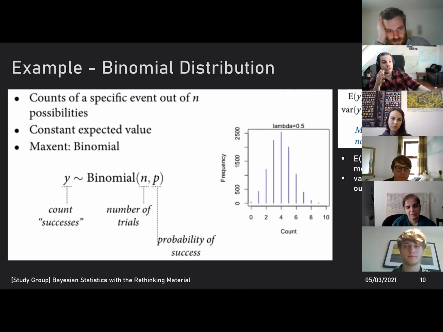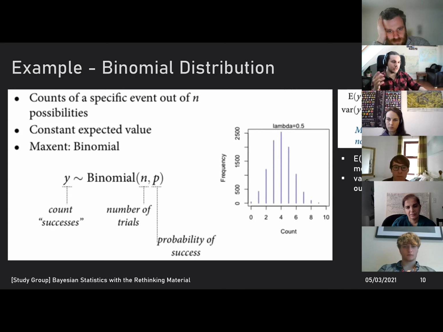As an example, we'll just consider binomial distributions here. This is a hypothetical binomial where we could just look at, for example, water count on the globe toss example, or blue marbles in our forking garden of data, or drawing of cards, which we talked about in our second session. So we have counts of a specific event with n possibilities, n trials which we repeat until we conclude how often something occurred.